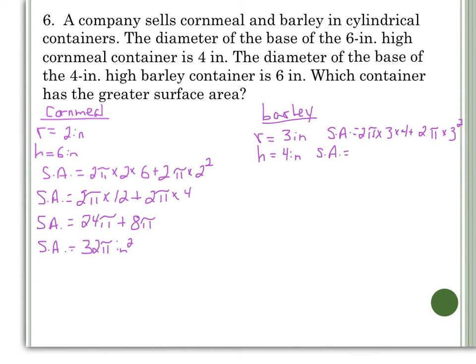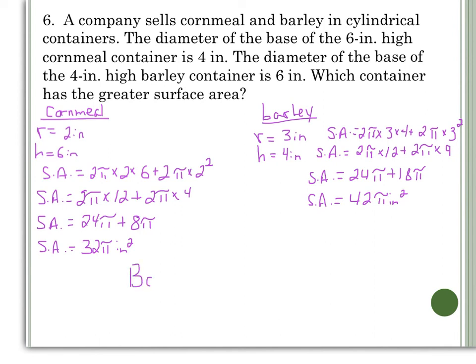So surface area equals 2 pi times 12 plus 2 pi times 9. And then combining like terms, we get 24 pi plus 18 pi, or 42 pi inches squared. Okay, so then that tells us that the barley container has a greater surface area.